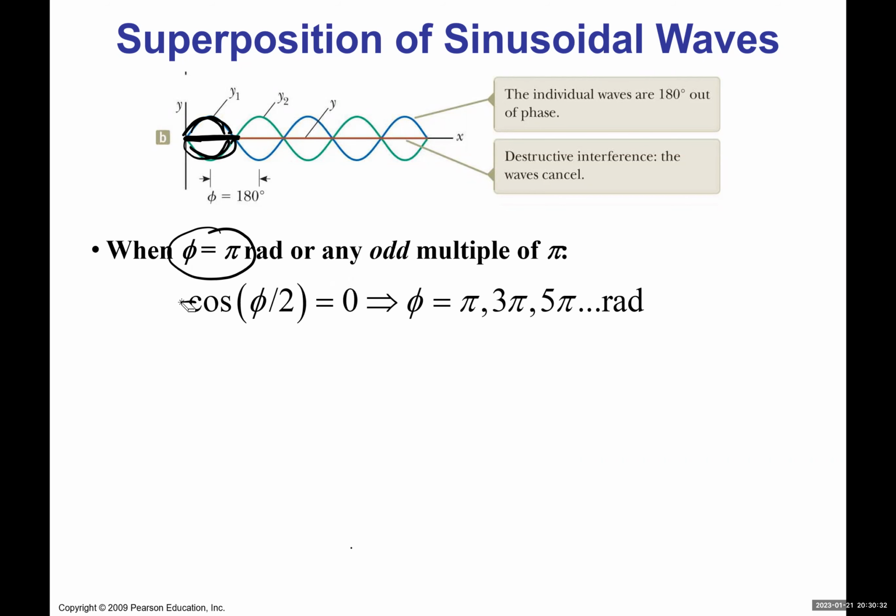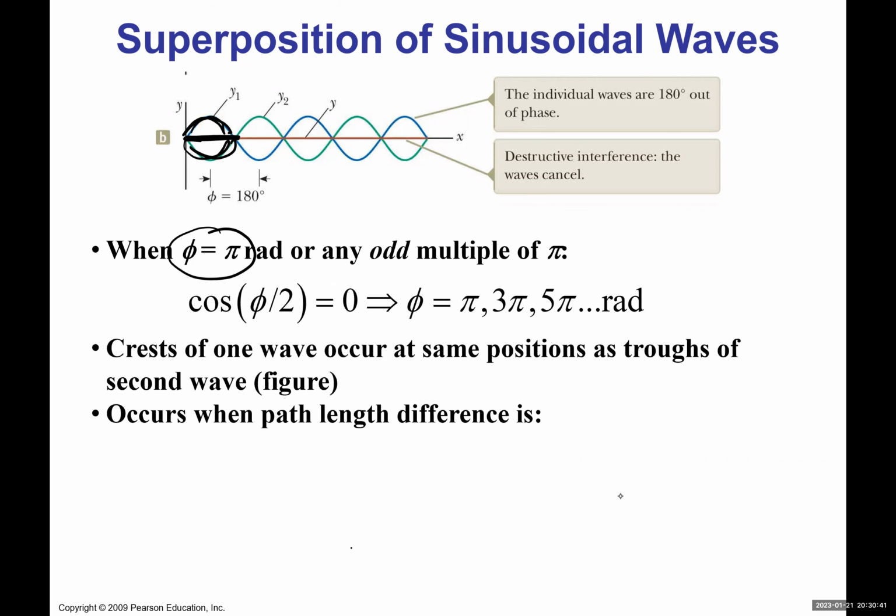That means cosine of phi over 2 equals 0 when phi is equal to pi. Same thing can happen when it's 3 pi or 5 pi, and so on and so forth, right? That means the crest of one wave occurs at the same position as the trough of the second wave, as you can see in the figure. This occurs when the path length difference, delta R, is lambda over 2, 3 lambda over 2, and so on.